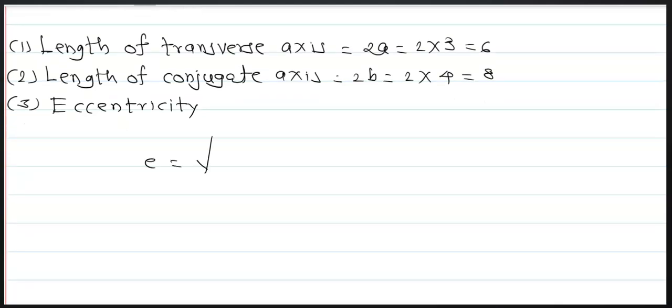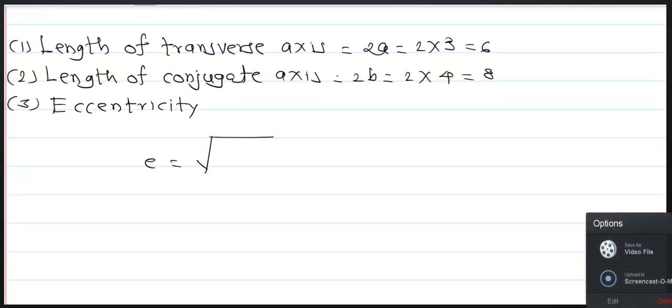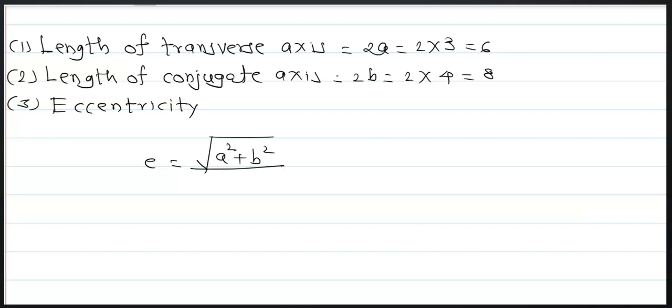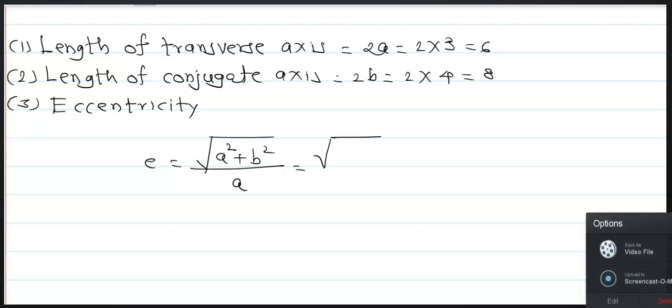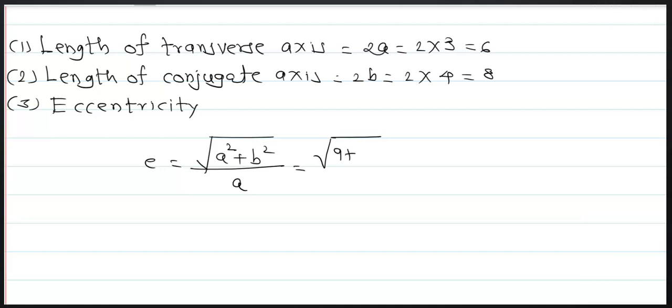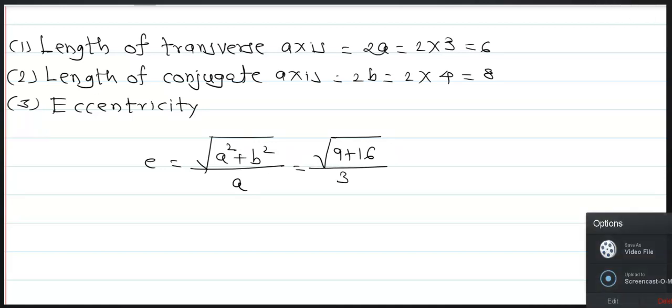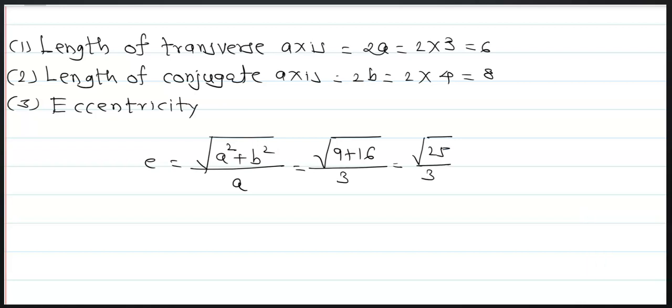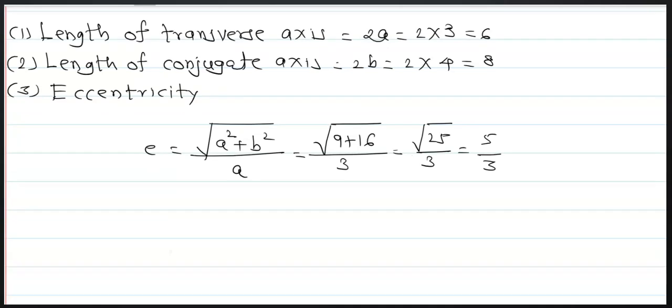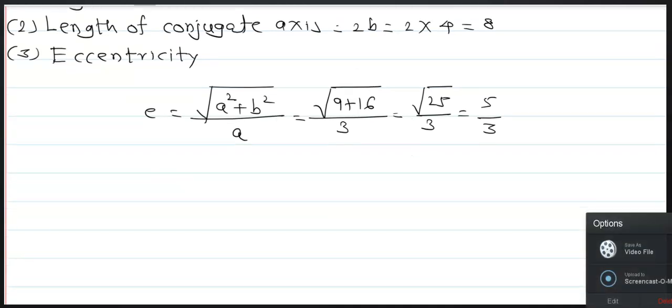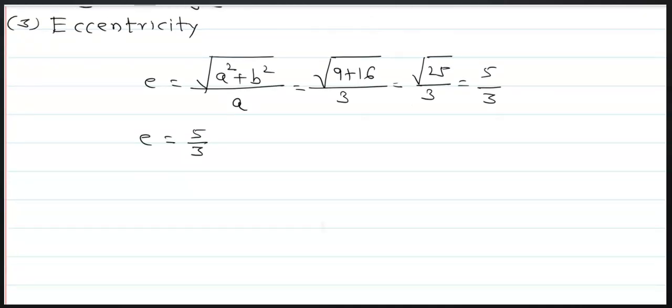Eccentricity, e is equal to root of a square plus b square upon a. Now substitute the value, 9 plus 16 upon 3, 5 upon 3. e is equal to 5 upon 3.